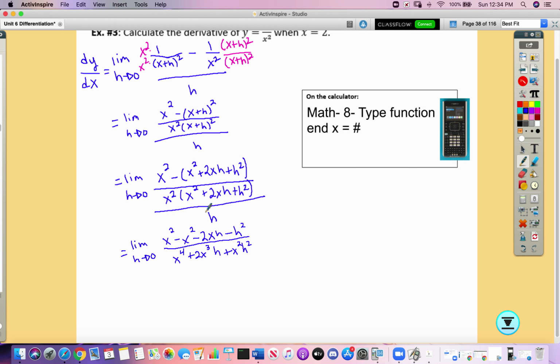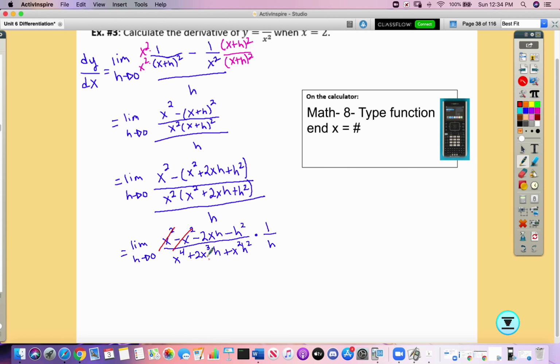Now we're dividing by h. Another way to divide is to multiply by the reciprocal. So that's what I'm going to do here. All right, check it out. We can start reducing a bit. So x squared minus x squared, not too shabby. There's nothing I can really cancel out here.